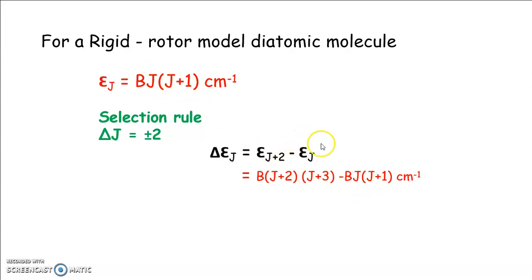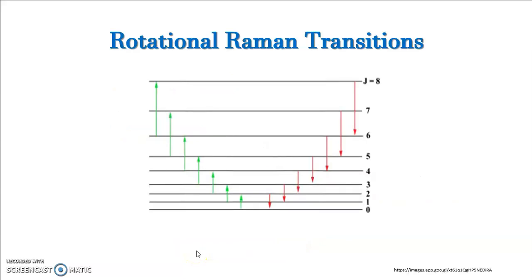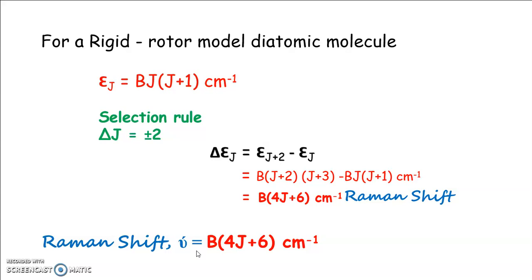The difference will give B into 4J plus 6 centimeter inverse, which is known as Raman shift nu bar. That is the shift from the excitation wavelength or wave number. So, Raman shift nu bar is equal to B into 4J plus 6 centimeter inverse. Here, J can take values 0, 1, 2, etc.